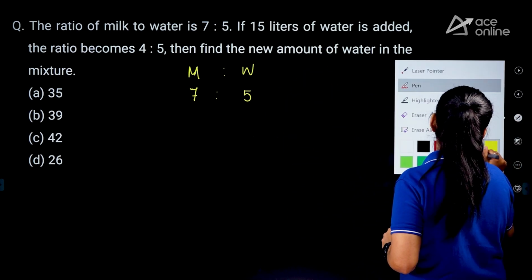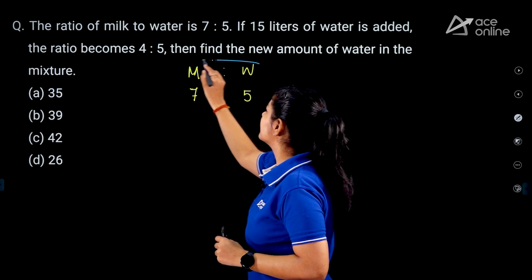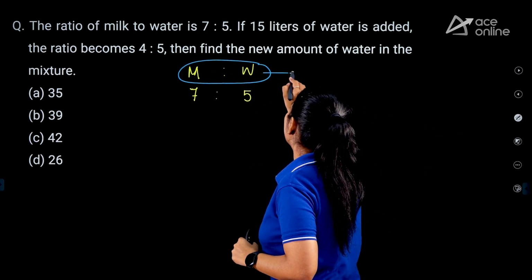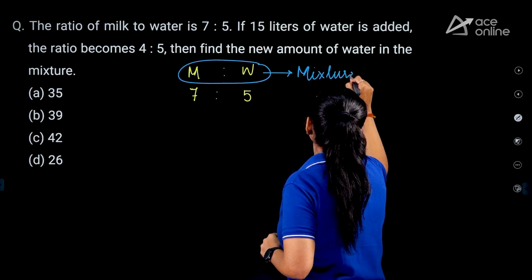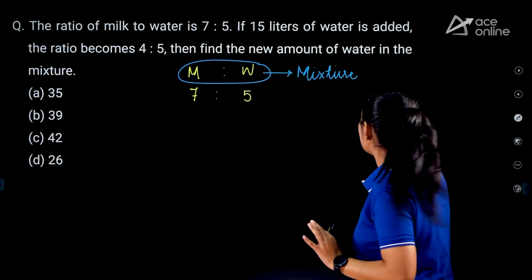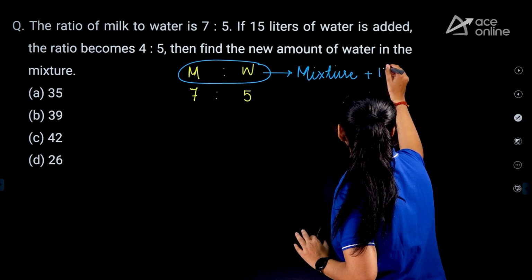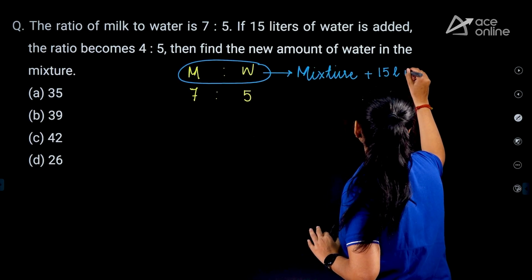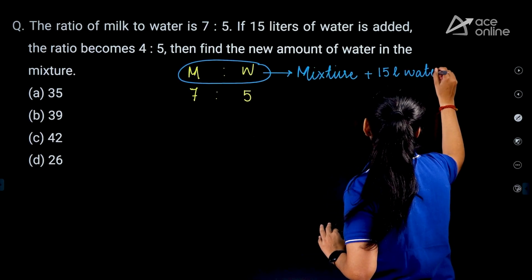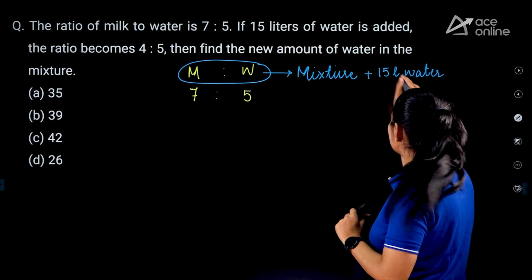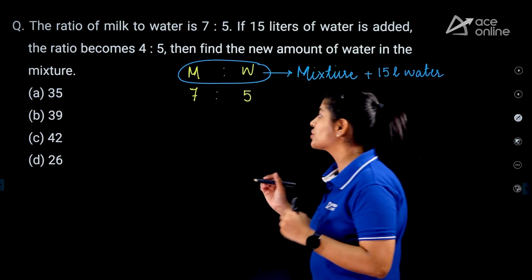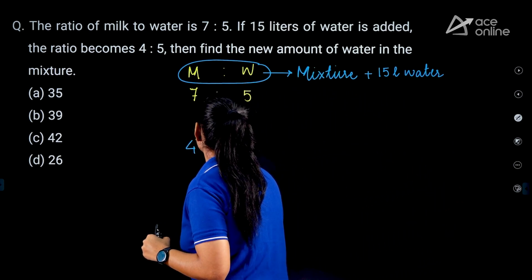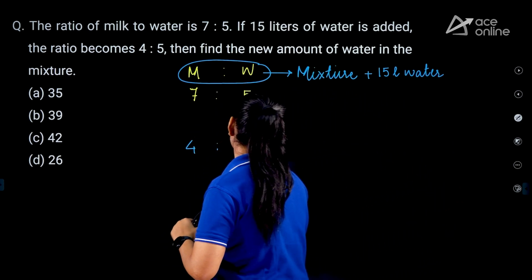Now I have a mixture, and in this mixture I am only adding 15 liters of water, not the milk. But because of this, my new ratio will become 4:5.